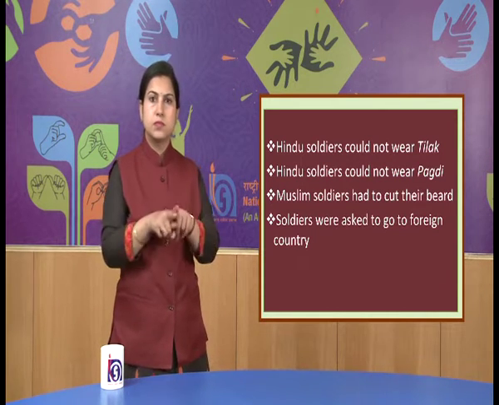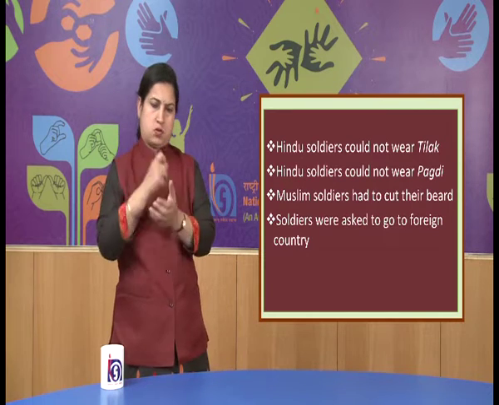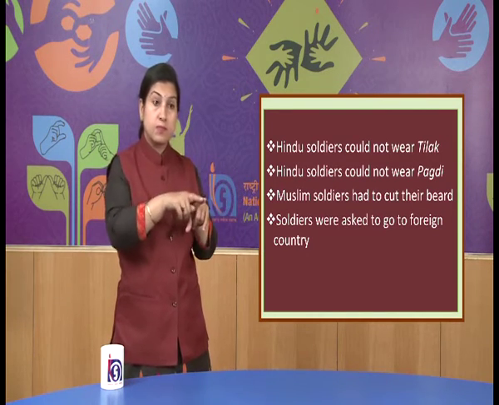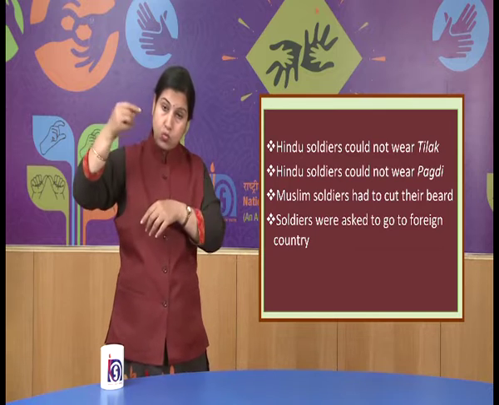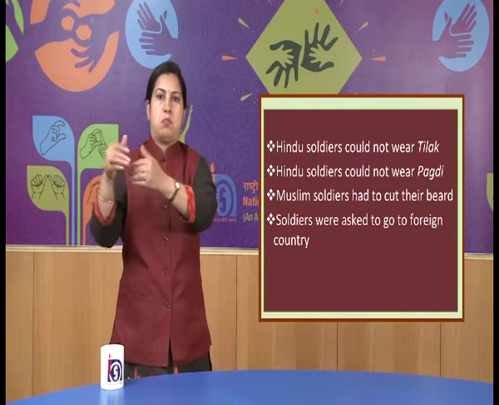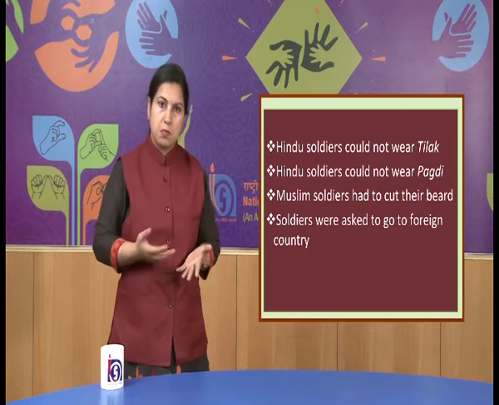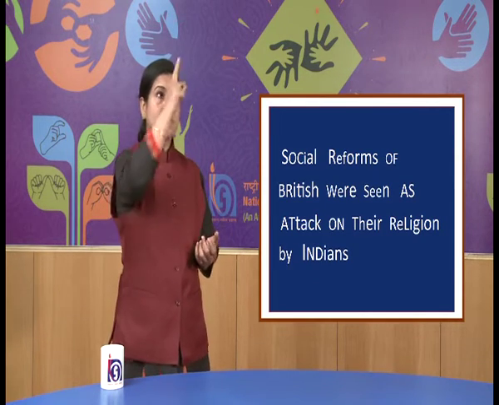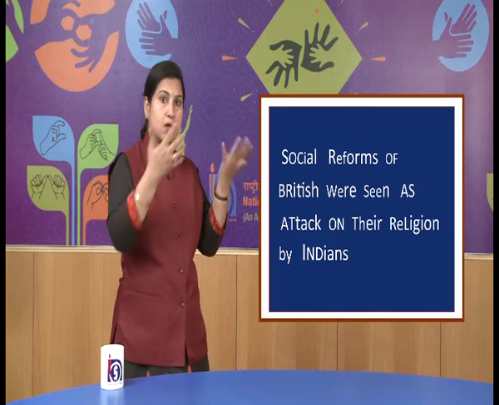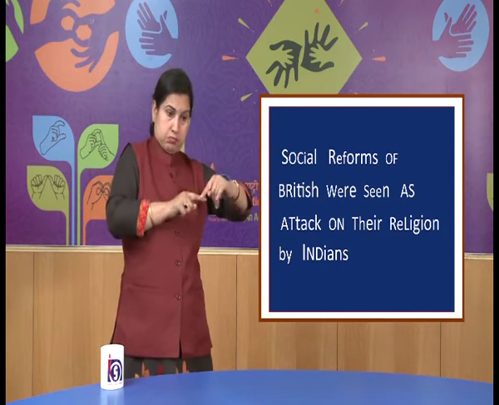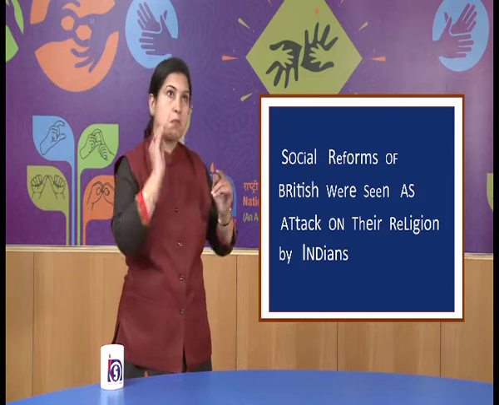It was also made compulsory for Indian soldiers to go out of India and serve in foreign countries. This was seen as an attack on religion, as for most Indians, crossing the sea was against their religion.